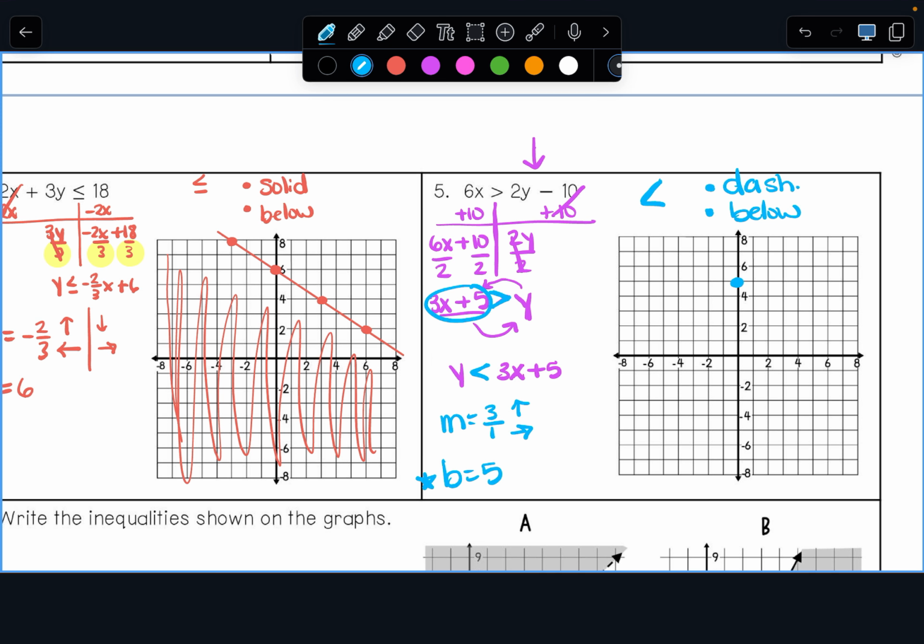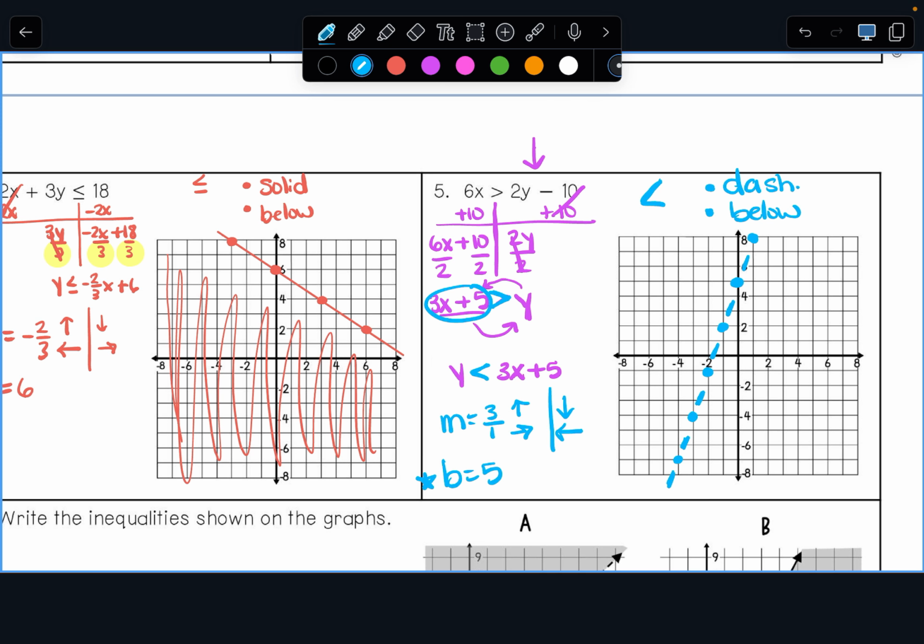If I go up 3, right 1, I end up at 1, 8. But I can't put any more points, so I'm going to go down to the left. Down 3, left 1, -1, 2. Then -2, -1. And you just kind of keep going. Dashed, you need to have gaps.